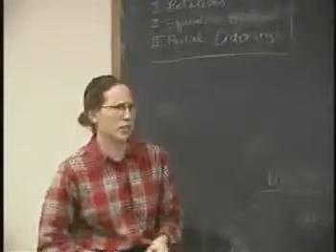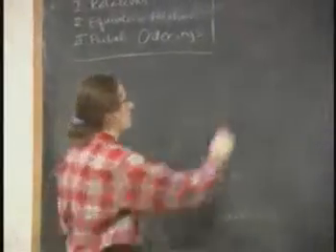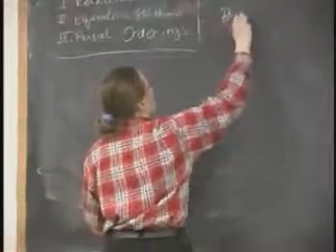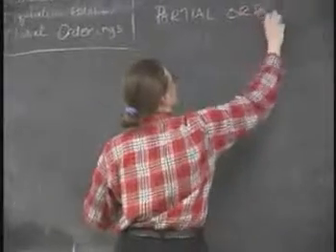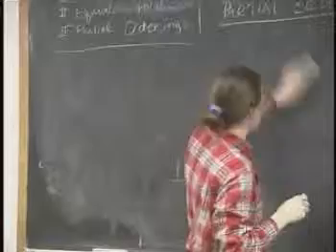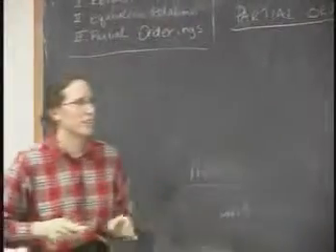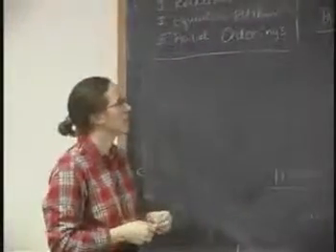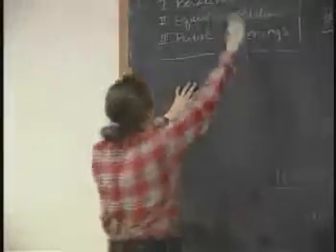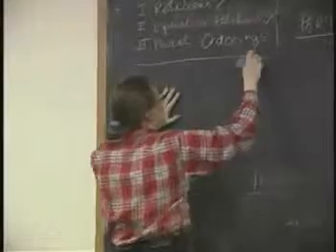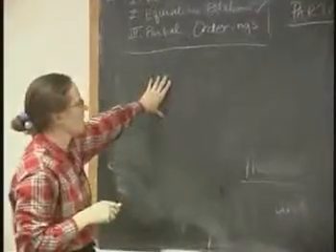The last thing I wanted to talk about today was partial orders. I'm probably leaving something out, and I'll remember it and tell you tomorrow, because I always do. Okay, so now we're moving on to partial orders. And what's a partial order?